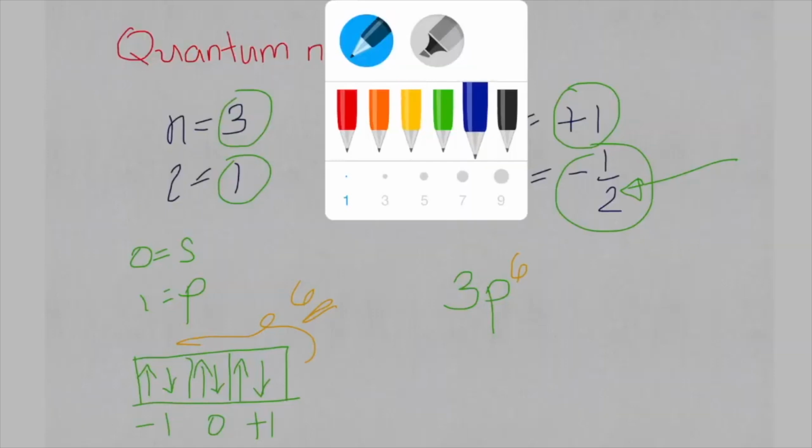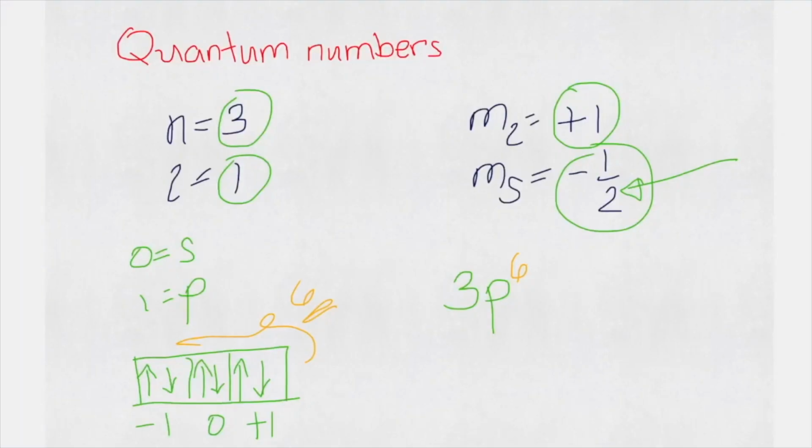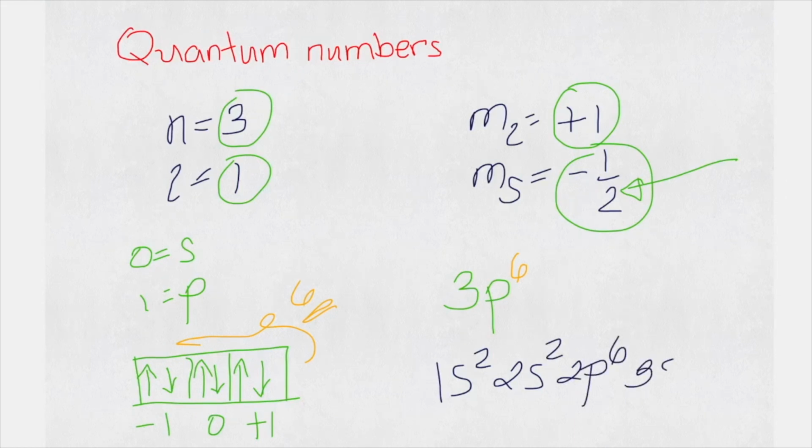Ang kasunod niyan ay isusulat mo na yung electronic configuration na ang pinakadulo is yung 3p6. 1s2, 2s2, 2p6, then 3s2, then 3p6. Ayun na yung sagot natin. Bibilangin mo lang yung electrons. Kasi, di ba, electrons is equal to proton.